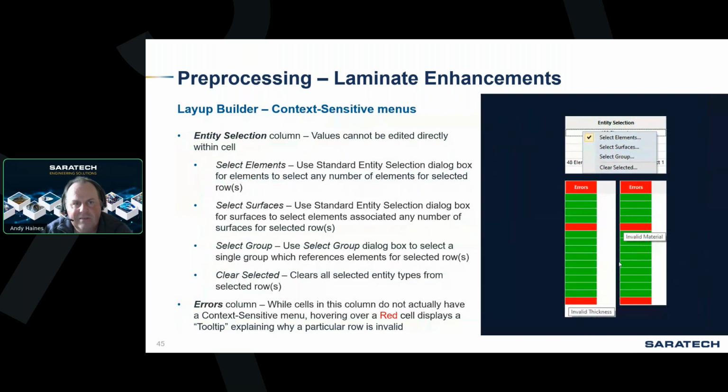One of the last things here is that when you're doing the entity selection, you select elements, select surfaces, or select groups for each row in the layup builder. And then there's also this errors column, where if you go over a particular red field in the errors column, it'll actually explain what the problem is for a particular row, like you have an invalid thickness or an invalid material.